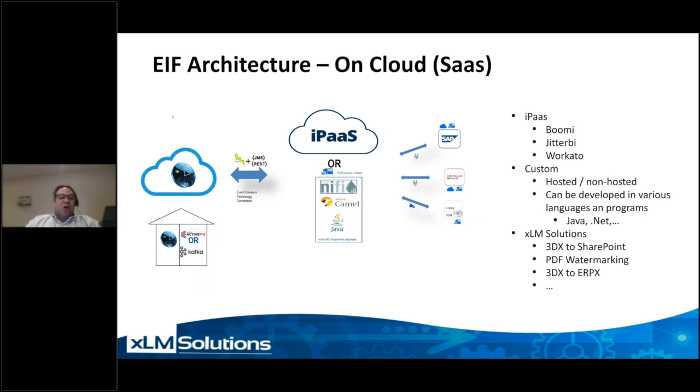This slide gives an overview of how the EIF architecture works in general. The slide says on cloud here, but it really pertains to both on cloud and on premise. Basically, on the left, you have 3D Experience, whether on cloud or on premise. When something happens, i.e. an event, it gets written to that middle layer, which is either an iPaaS, a platform as a service that you purchase from a third party, or your own custom middle layer or handling of the request.